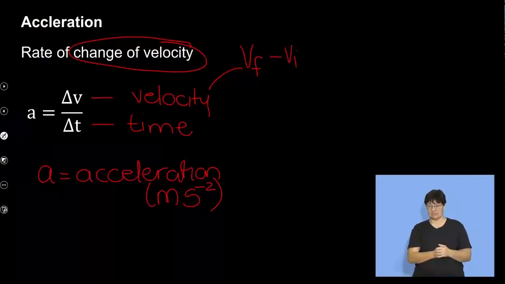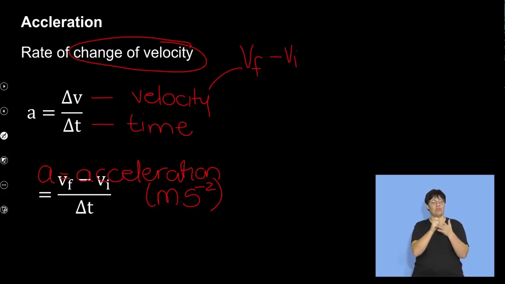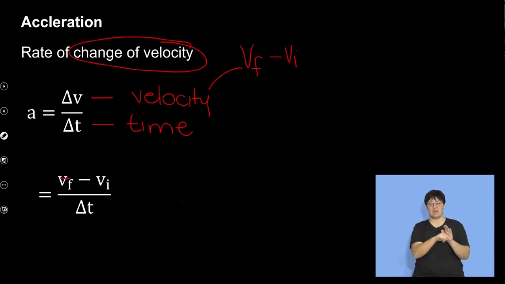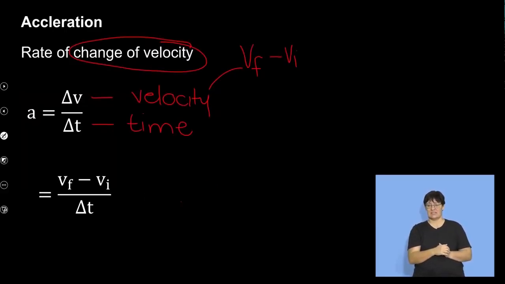So here we go, vF minus vI, final velocity minus initial velocity. So I need to know two velocities, okay?